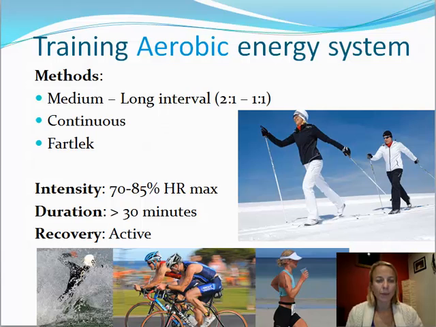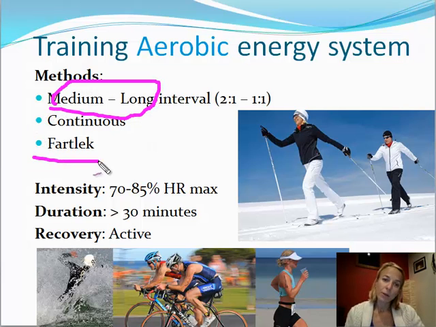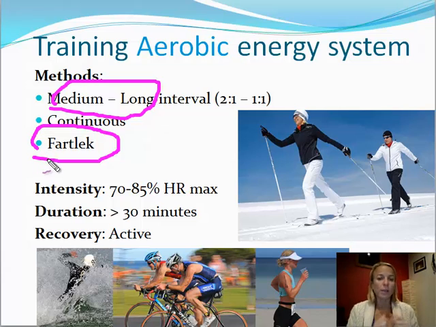So here's just another slide repeating that, to be more specific with the interval training, it's called medium or long interval training. Another method that we can use is fartlek, which is little sprints and jogging.